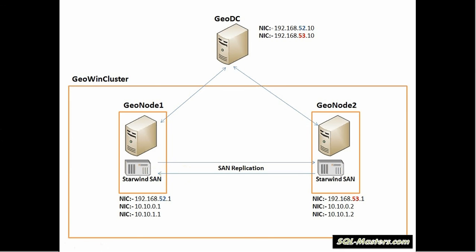Here we have to assume one more thing, that GeoNode 1 is one box that will act as a node for SQL Server services, and it will also act as a storage for different locations.